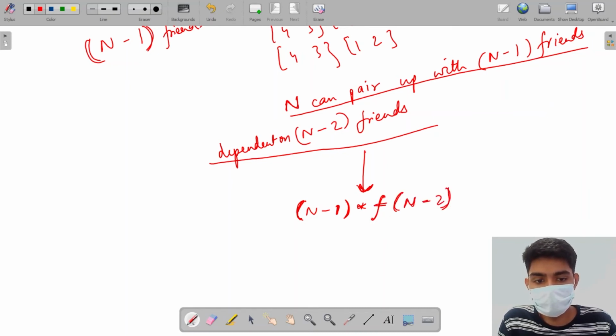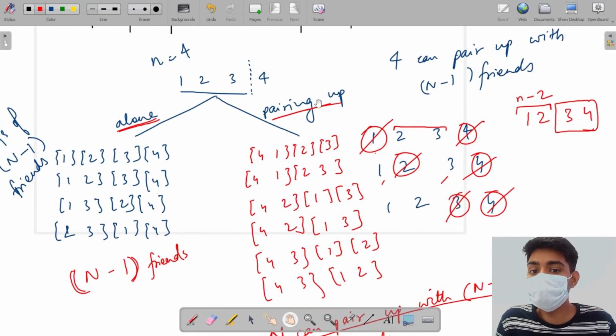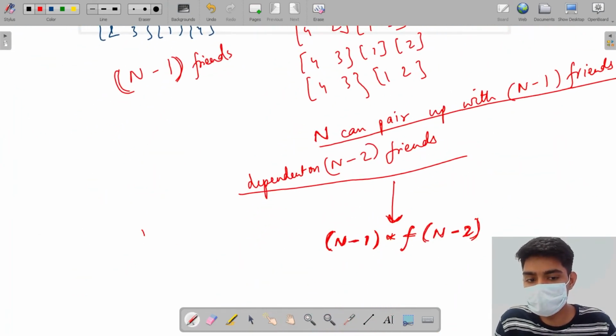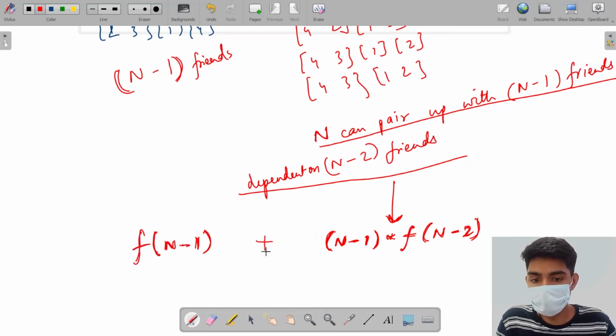Since it is dependent on the n minus 2 people who are left, this is going to be my formula for n if it is pairing up. If it is going alone, I can simply say it is n minus 1, since it is dependent on n minus 1 people.